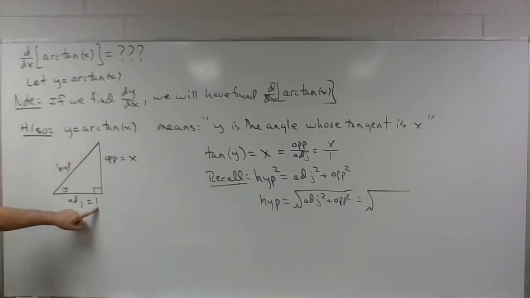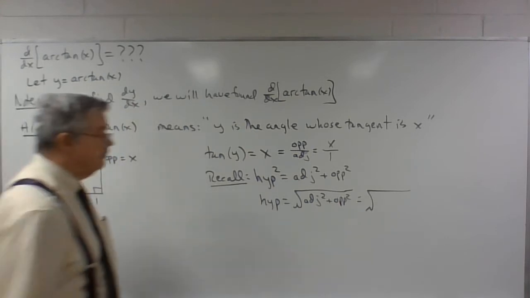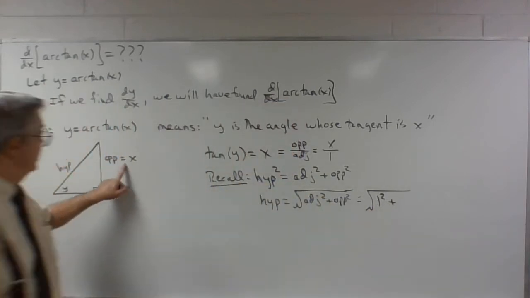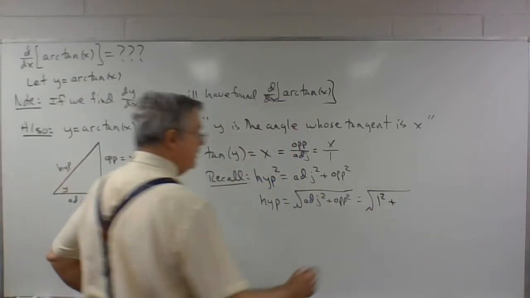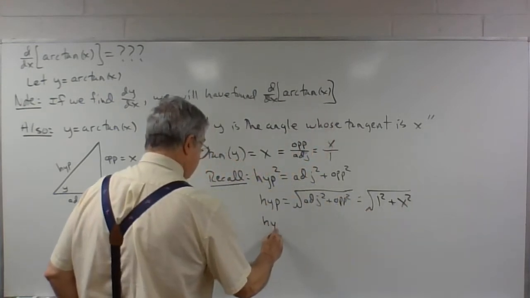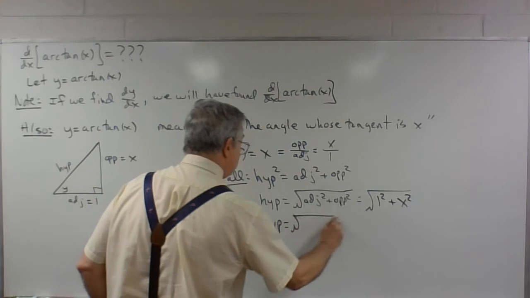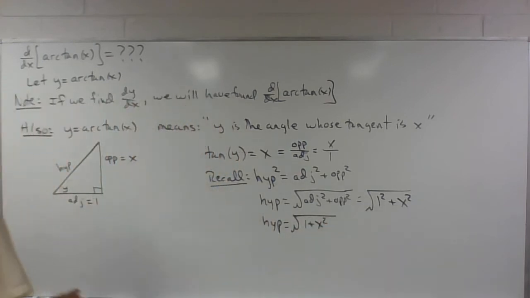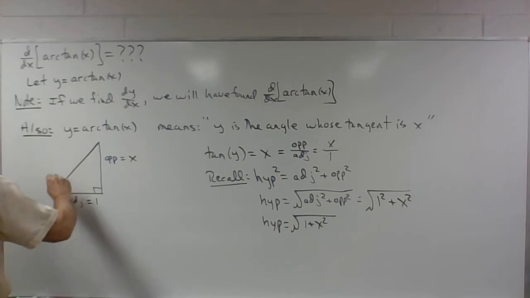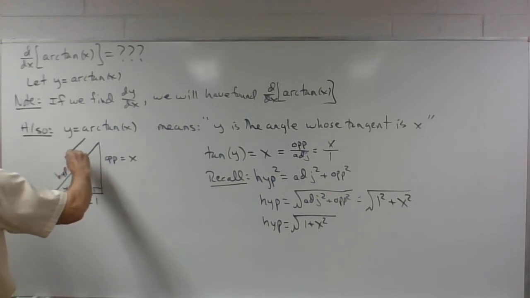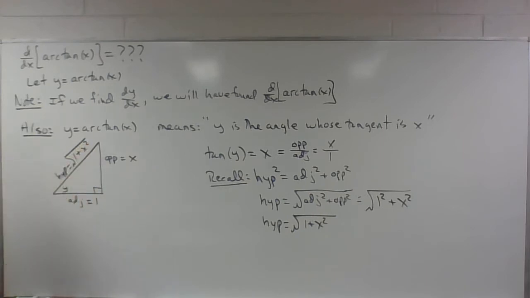The adjacent is 1. The opposite is x. So the hypotenuse is the square root of 1 plus x squared.